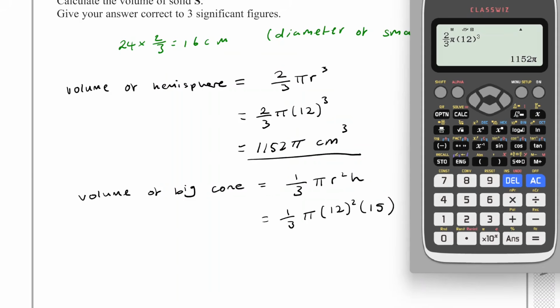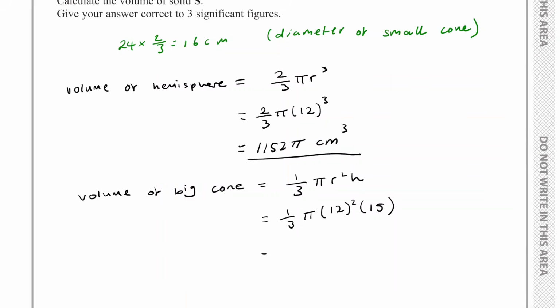I'll store my first answer as A. And then 1/3 times pi times 12 squared times 15 is 720 pi.